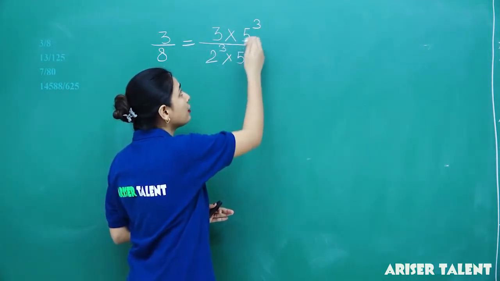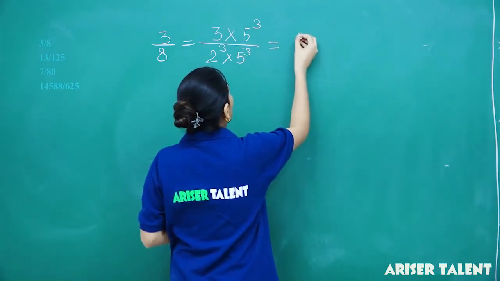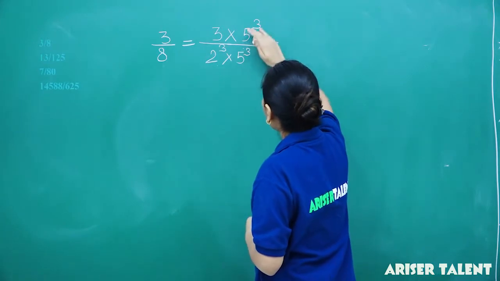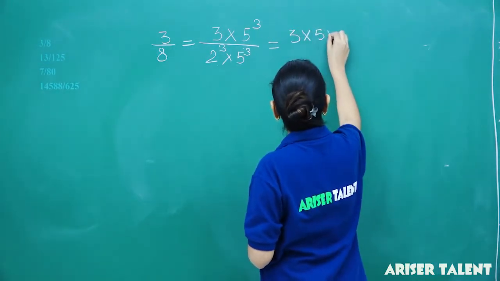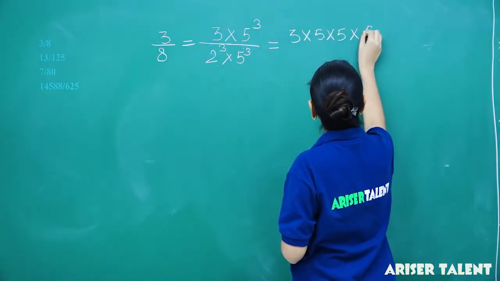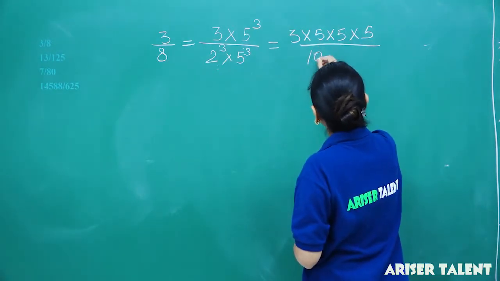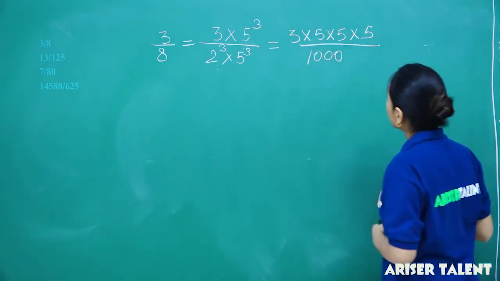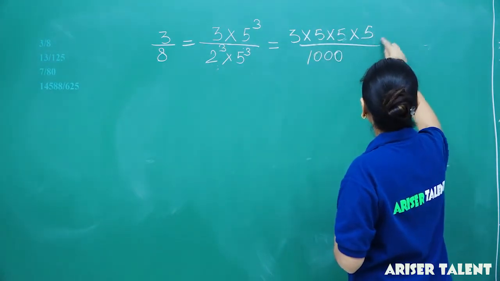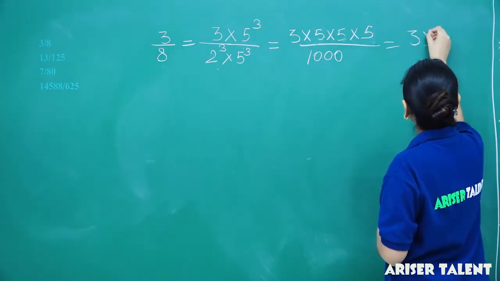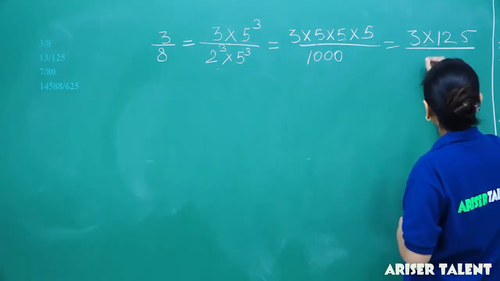So to balance this expression, what will I do now? I will multiply it by 5 multiplied by 5 multiplied by 5, and here it will be converted into 1000. So 25, 125, this will be 3 multiplied by 125.